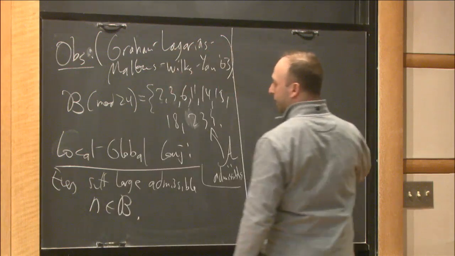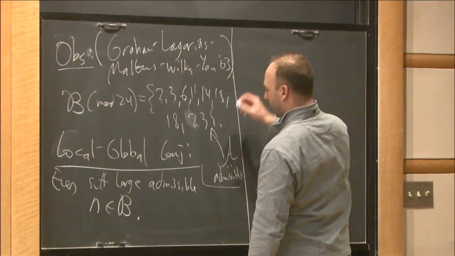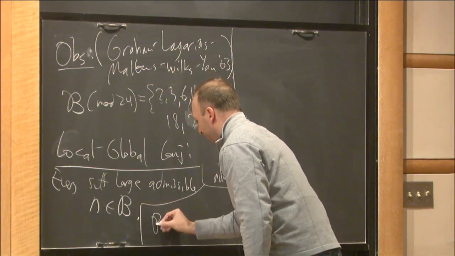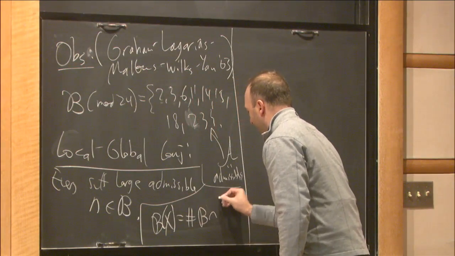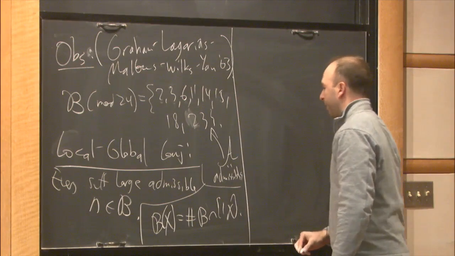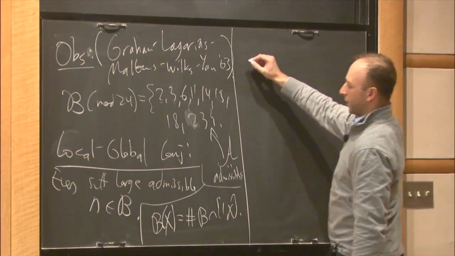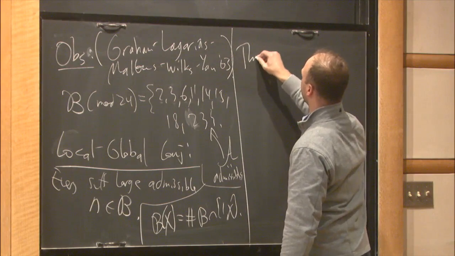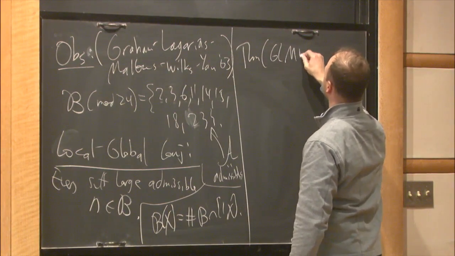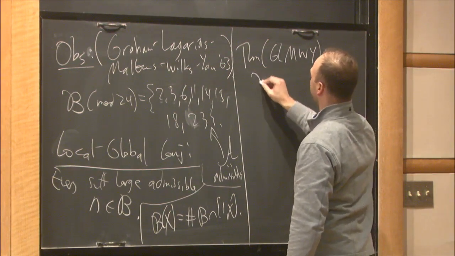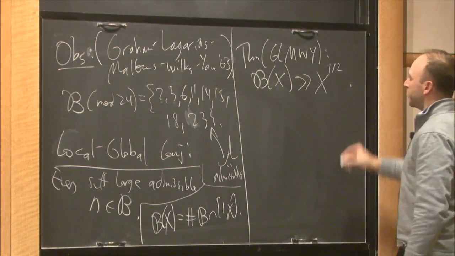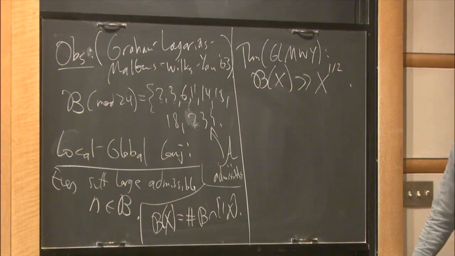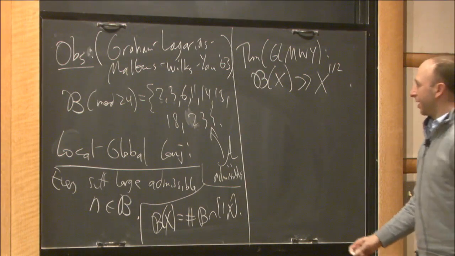Okay, and so the very first progress on this, let B(x) be the number of elements in the bend set up to x. Graham, Lagarias, Mallows, Wilks, and Yan already proved that at least square root of the integers arise in the bend set.